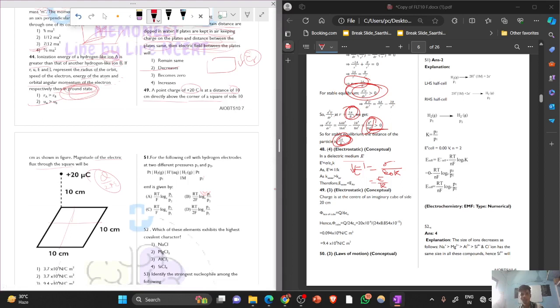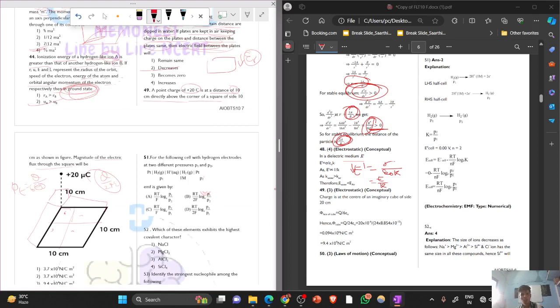From one full face the flux will be simply q by 6 epsilon naught. If you complete this out, it will take around four squares.